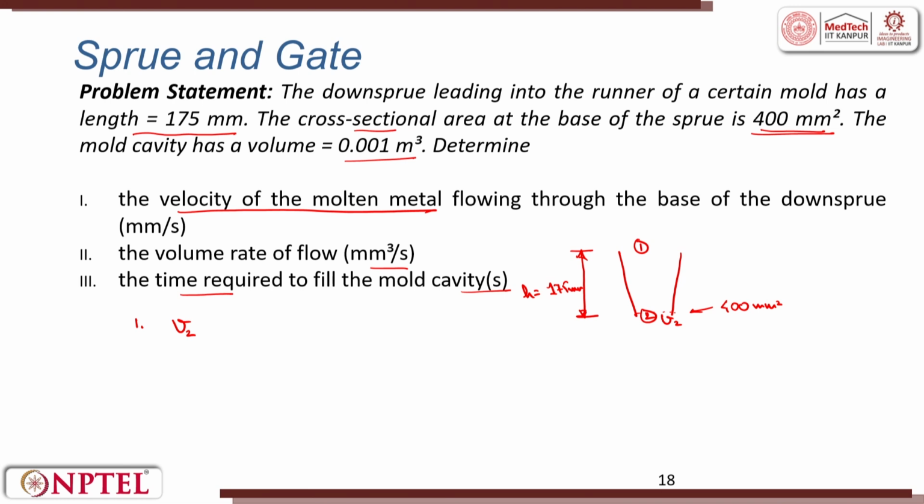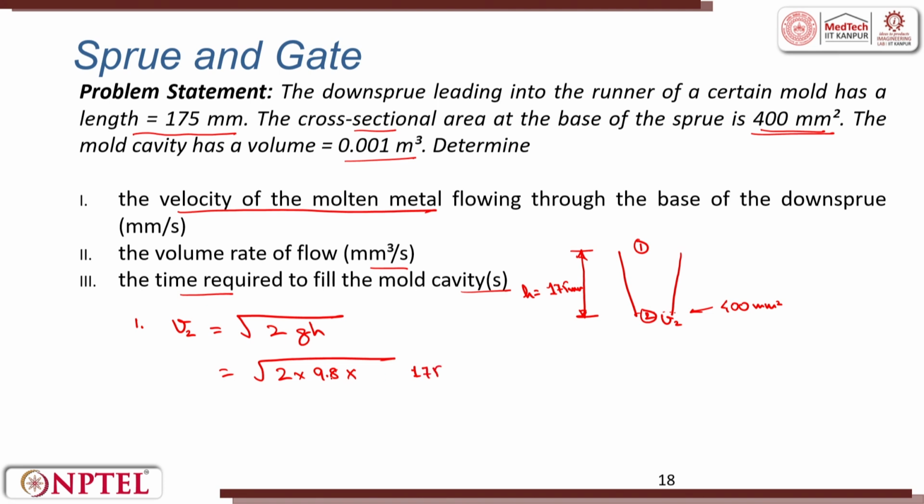To find the velocity, V is equal to the square root of 2gH, which is the square root of 2 into 9.8 meters per second square into the height. We put the height as 175.